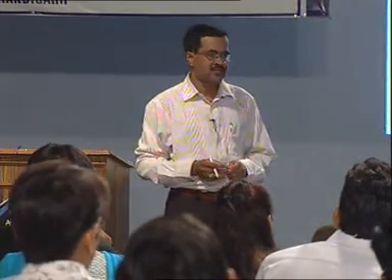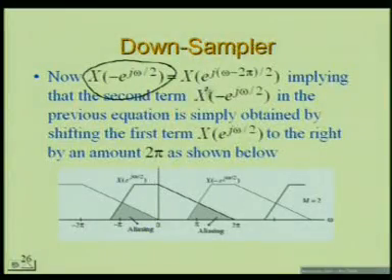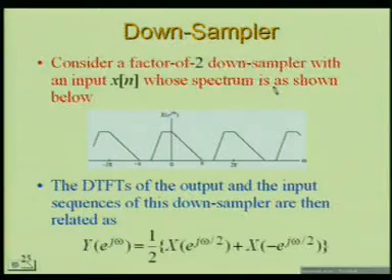With this assumption, I can write X(-e^(jω/2)) is equal to X(e^(j(ω-2π)/2)), implying that the second term, that is X(-e^(jω/2)) in the previous equation, is simply obtained by shifting the first term X(e^(jω/2)) to the right by an amount 2π as shown below. You can refer to the earlier equation.